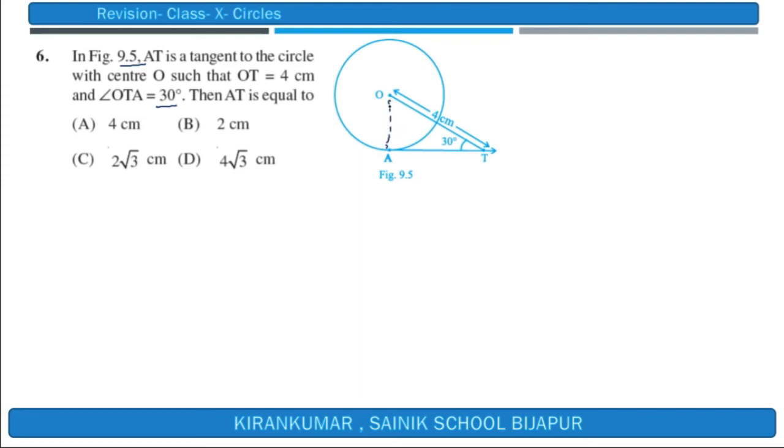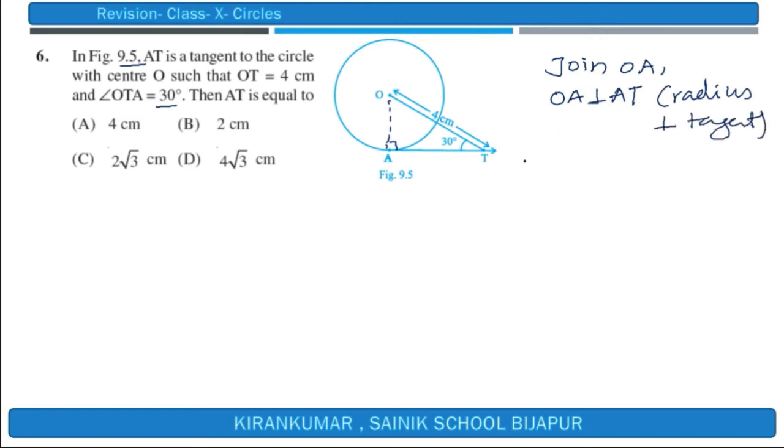Let me join OA, which becomes perpendicular to the tangent. We all know that OA is perpendicular to the tangent AT because radius is perpendicular to tangent. So we have angle OAT equal to 90 degrees.